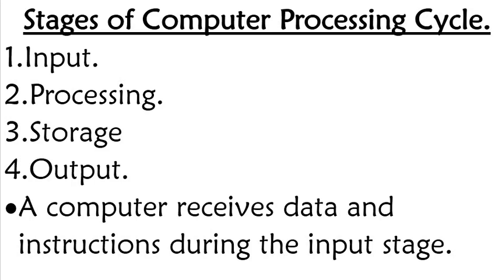Then the data goes to the second stage, which is processing the data. So processing the data is simply giving particular instructions to the computer, so that the computer can perform a certain task according to whatever you instructed it to do. That is processing stage.